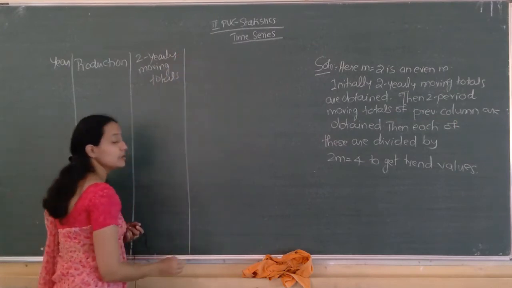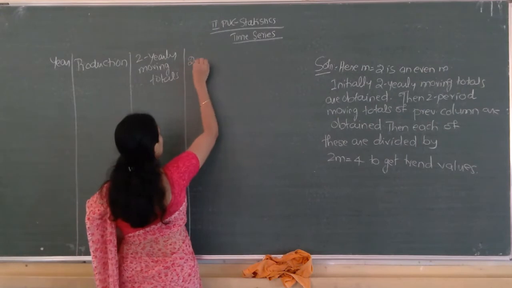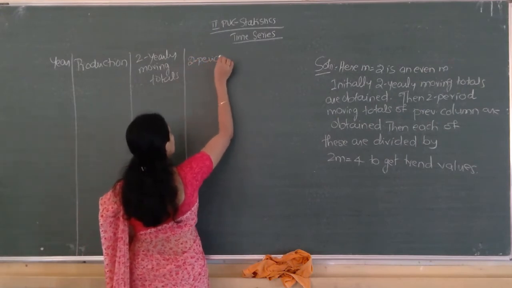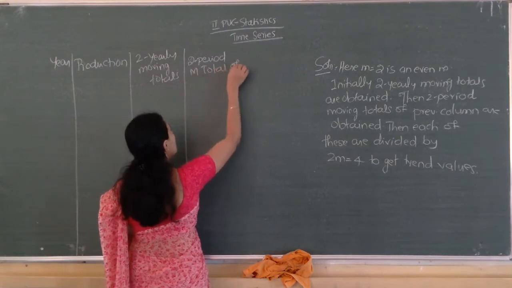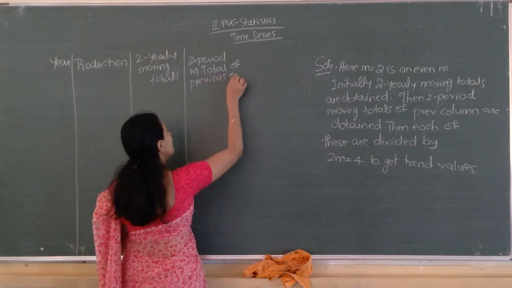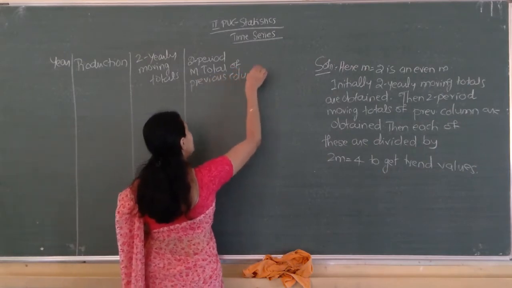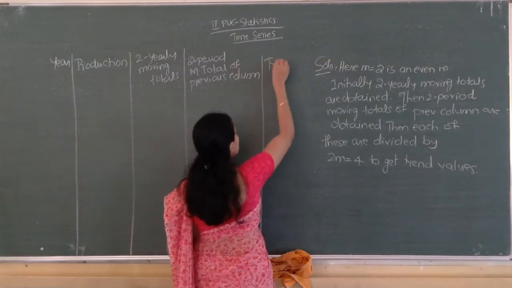Next one, 2 period moving total of previous column. Last is trend values.